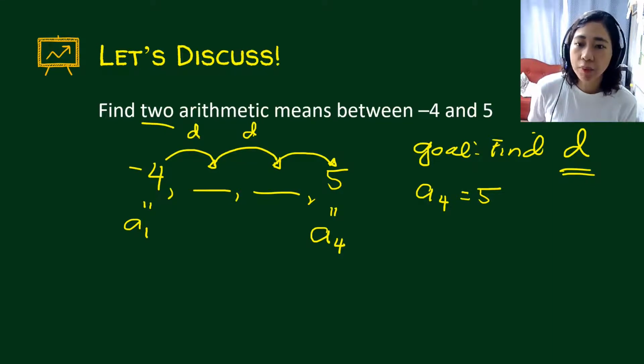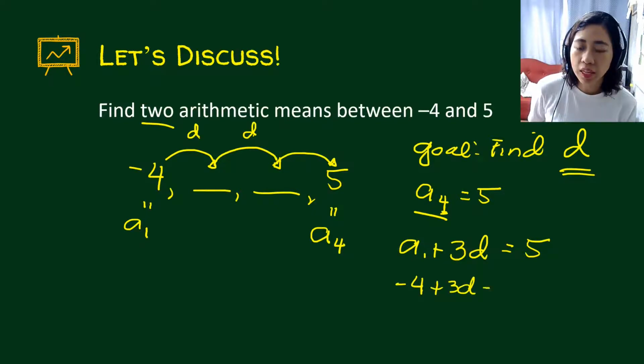What is our formula for A4? That's A1 plus, babawasan natin ng isa yung 4, so 3D. Correct? But we know that our A1 is -4. So, -4 plus 3D is equal to 5.